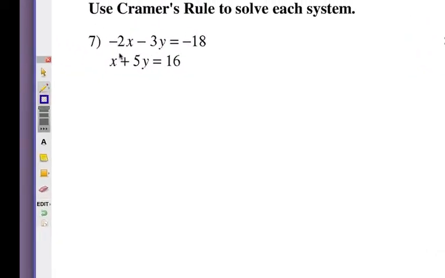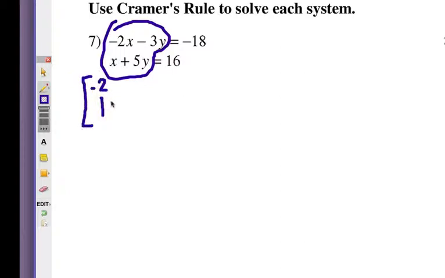Let's look at number 7 here. We have negative 2x, negative 3y equals negative 18, and we have the other linear equation, x plus 5y equals 16. Now first of all, we're going to take a look at the coefficient matrix. So that's going to be negative 2, positive 1, negative 3, positive 5.